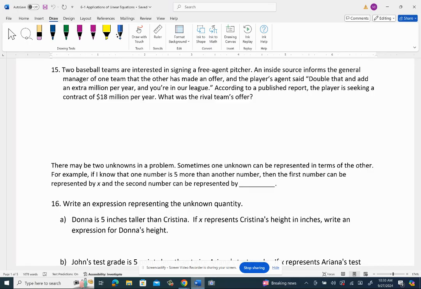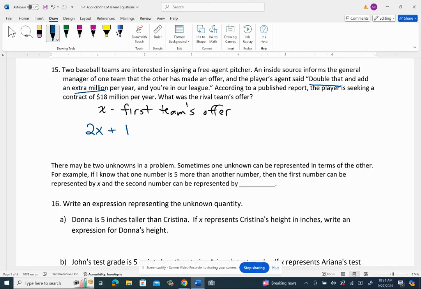So let's let X be the first team's offer. We don't know what it is. That's what we've got to figure out. What we do know is that if they were to double that and add $1 million, so double the offer and add, and I'm just going to use 1 instead of 1 million, so my answer will be in millions.